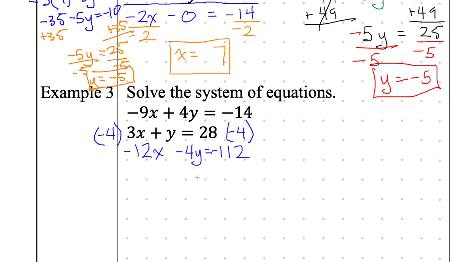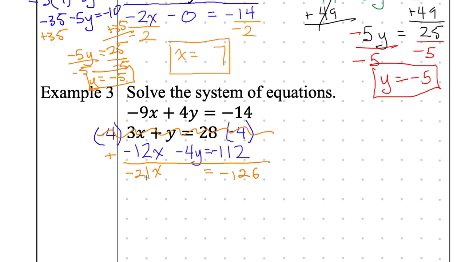Cool. Did you want to keep going, or do you want to give it to someone else? I'll keep going. Alright. You would add. Yeah, you would add, and then negative 9 plus negative 12x equals negative 21x equals negative 126.